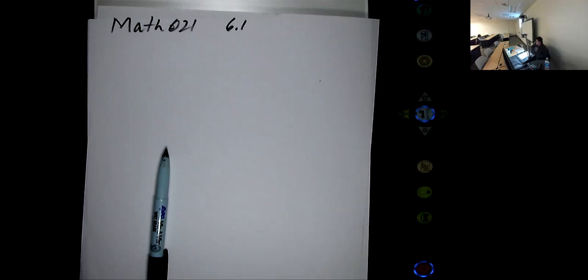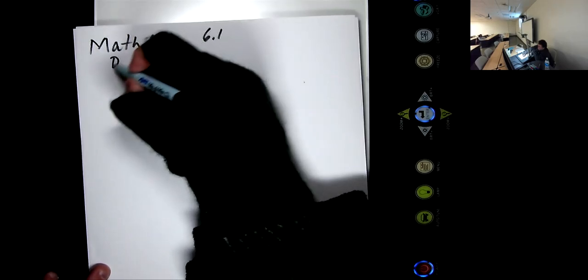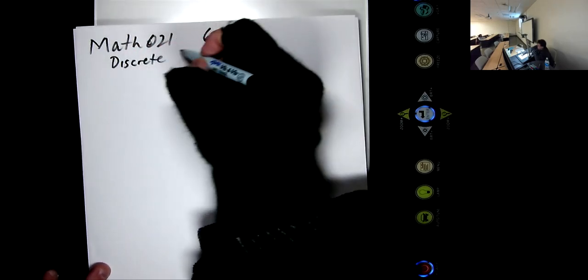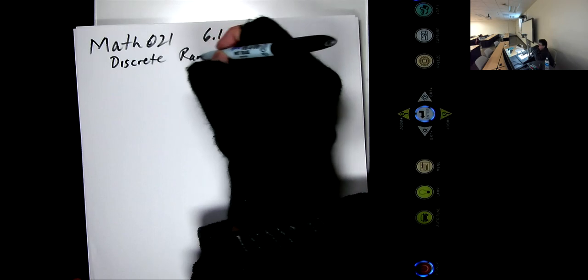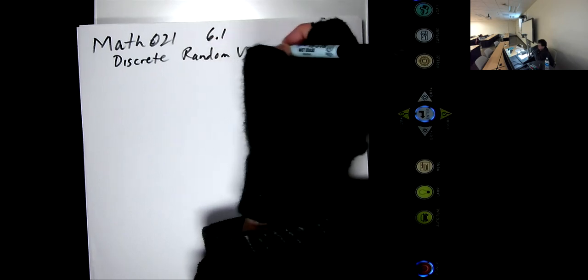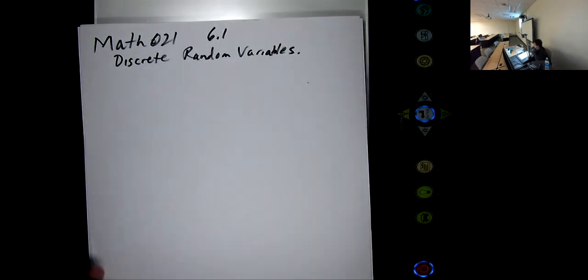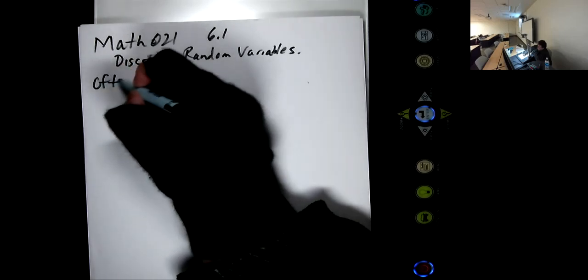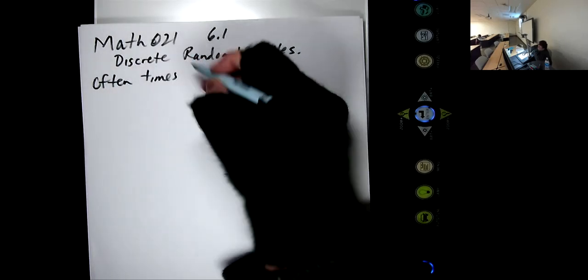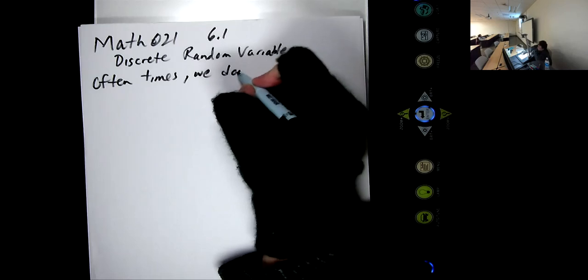All right, so Math 21, chapter 6, we're doing 6.1 and 6.2 today. 6.1 is on discrete random variables. In fact, all of chapter 6 is on discrete random variables. Oftentimes, we don't have all the data, but a summary.